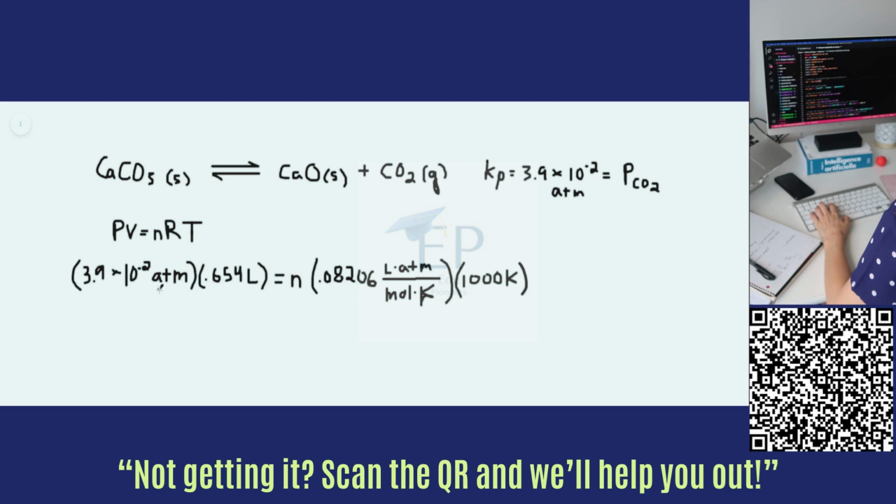Great. And our units cancel out. We divide both sides by atmospheres, divide both sides by liters. We have Kelvin on top and bottom here, and we have moles. It's in the denominator, but when we divide over to the other side to get n by itself, it goes to the numerator, so it's just moles. And if you did this, you would find that n equals 3.1 times 10 to the negative fourth moles.